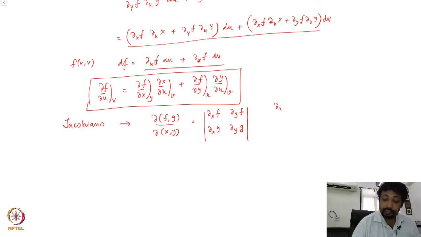Where del x f is synonymous with del f, del x, y held constant, and del y f is synonymous with del f, del y, x held constant.